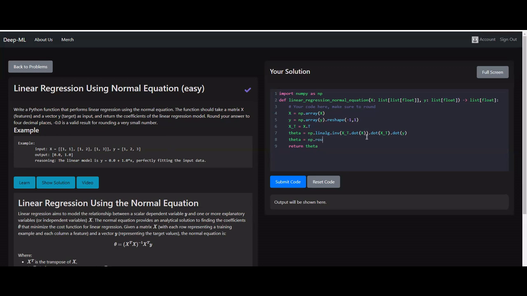The way we can do that is we can overwrite theta, say np.round(theta, ...), and then the number of decimal places that we want to have. And the solution wants you to return a list. So whatever this theta is, it should be something that can be transformed into a list. We're going to flatten it, and then we're going to change its type to list.